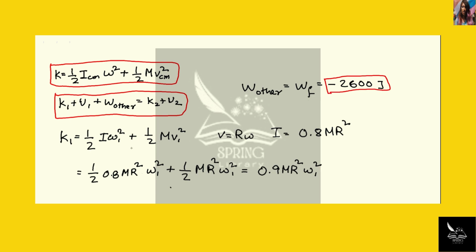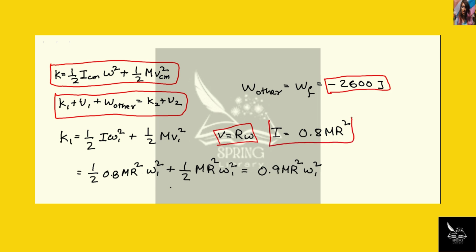Then K1 at point 1 is half I times omega 1 squared plus half of m times V1 squared, where V1 and omega 1 are the linear velocity and angular velocity at point 1. Since the wheel is rolling without slipping, we can use the relation V equals R times omega.